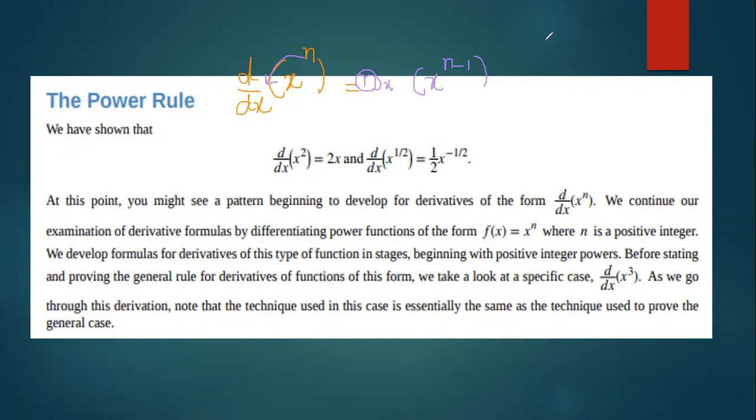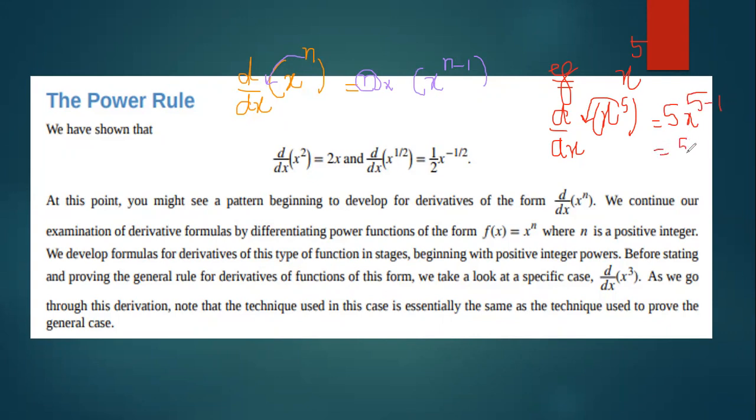Let us say, for example, my function is x to the power 5. So my derivative d/dx will be what? x to the power 5. The power will be written first, 5, then the variable x, then the power 5 minus 1.